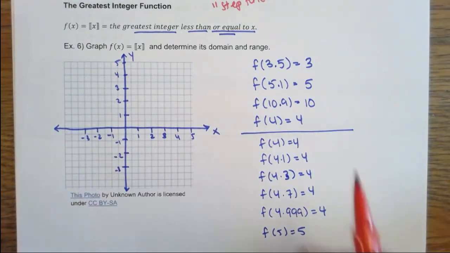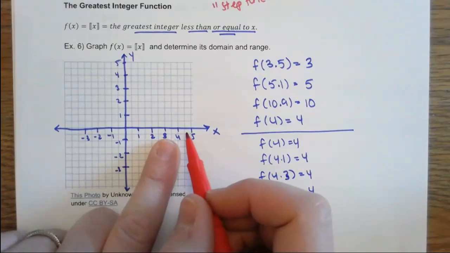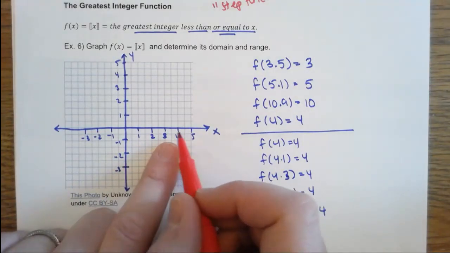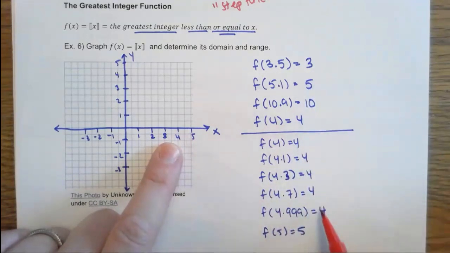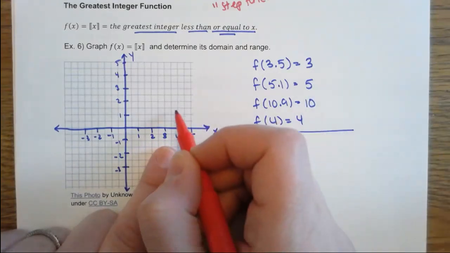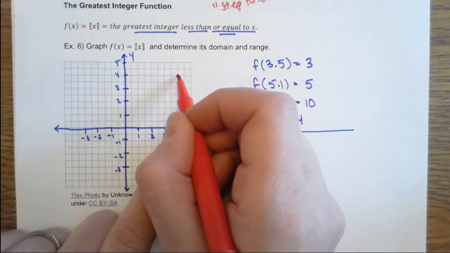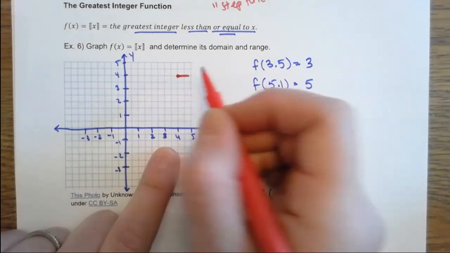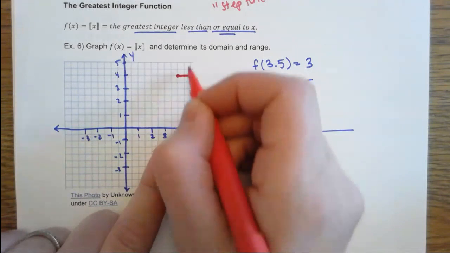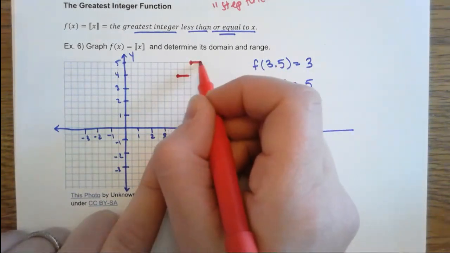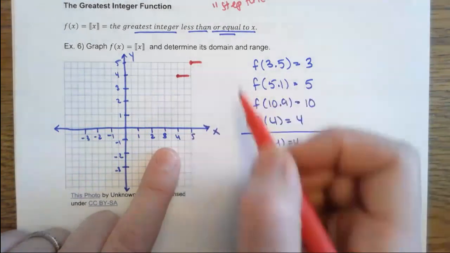So what's happening is from 4 to 5, your answer is always 4. So up here at 4, it's 4, and then it's the same thing all the way across until I get to 5. When I get to 5, it does bump up to 5, and then it would keep going. Like if I plug in 5.1, I still get 5 and so on.